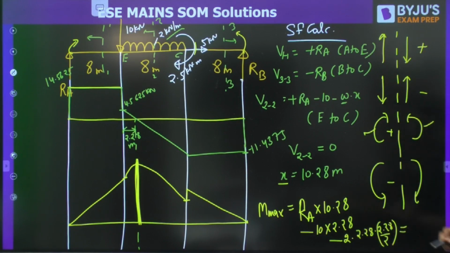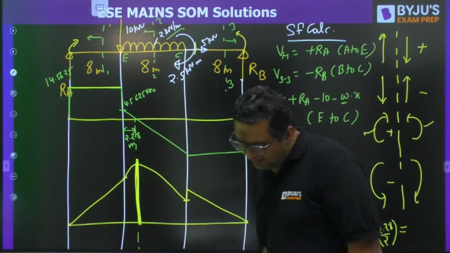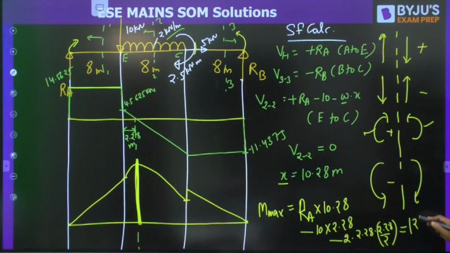This will give you the maximum bending moment, and that is 121.704.